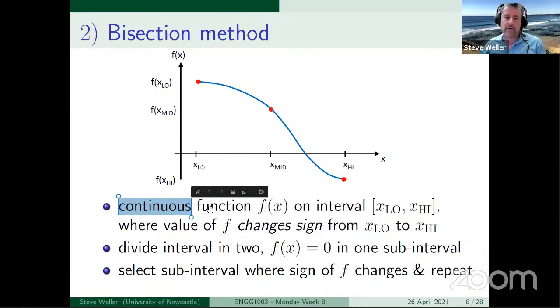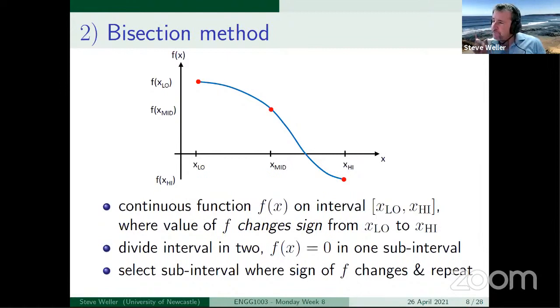They're the functions we're going to operate with to solve a nonlinear algebraic equation using the bisection or the secant method. So this function is continuous on this interval, which means you could draw a line from x low to x high and trace out the value of f along that curve without lifting your pen.